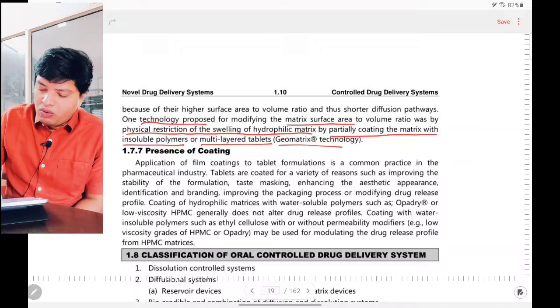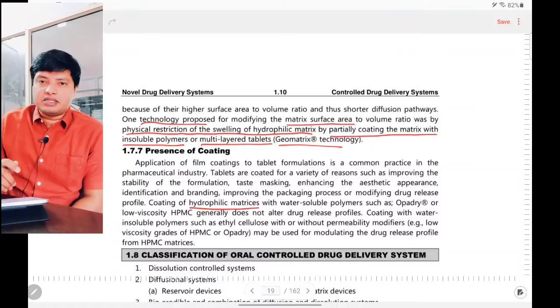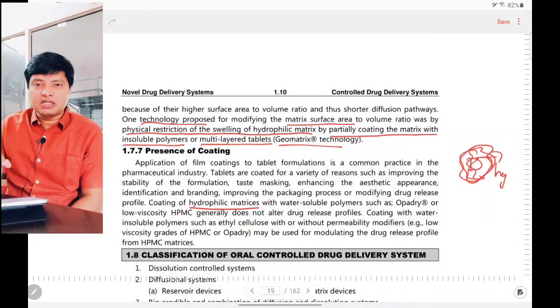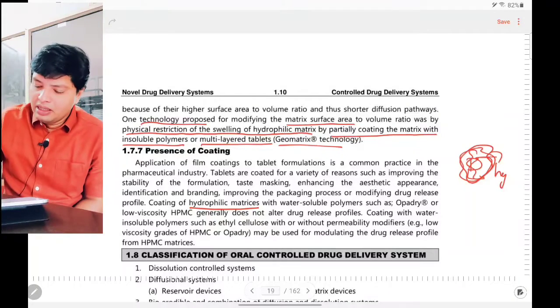Now, if the coating is done on hydrophilic matrices, let's say I have a drug and whatever matrix is there with the drug is hydrophilic, meaning the polymer which I used to punch the tablet is hydrophilic.